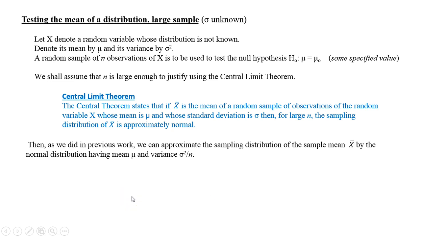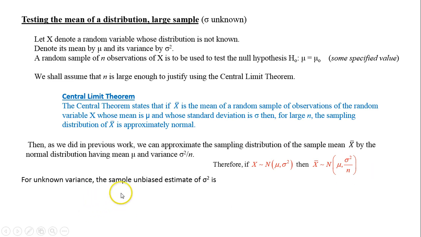Then, as we did in previous work, we can approximate the sampling distribution of the sample mean x bar by the normal distribution having mean mu and variance sigma squared over n. Therefore, if x is normally distributed with mean mu and variance sigma squared, then x bar is also normally distributed.